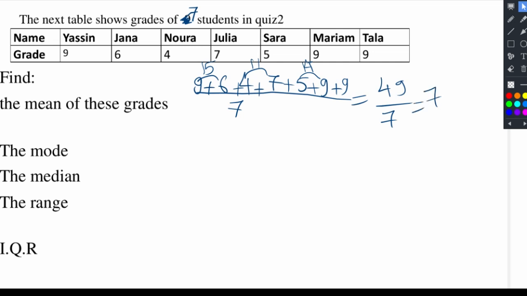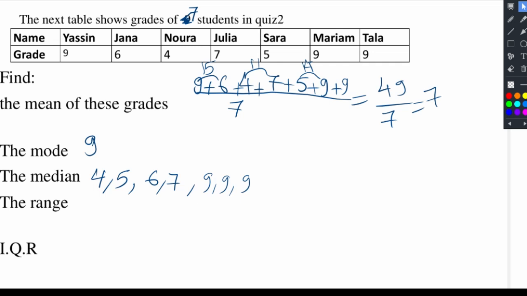The mode. What is the most repeated value here? We have 9. 2 nines, 3 nines. The mode is 9. The median. To get the median, first arrange the values from the least to the greatest. The least is 4, 5, 6, 7, 9, 9, 9.